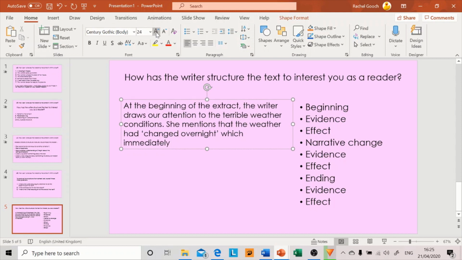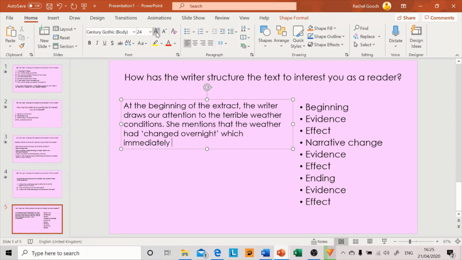Using words like immediately, draws our attention to, beginning, that all signifies that you're talking about structure. If we were doing a language analysis question, you want to be saying the verb, the noun, the metaphor, the simile. In this question, you want to be talking about positioning. So words like immediately, those prepositions, they're going to help you get those marks.